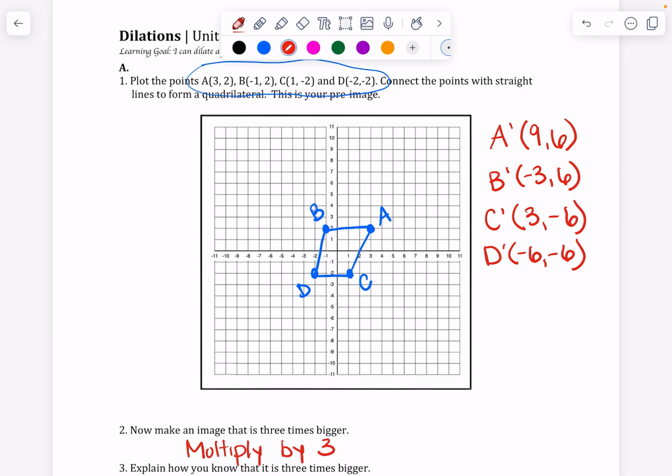The shape should be the same shape, but they're going to be different sizes. So please graph this on your graph too.